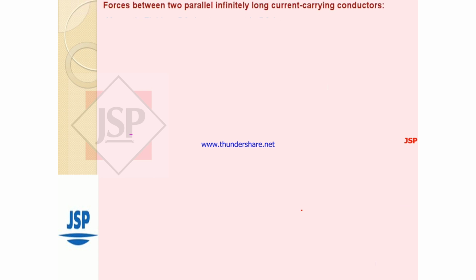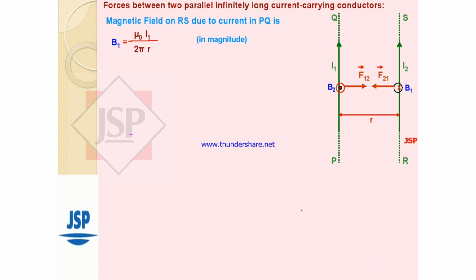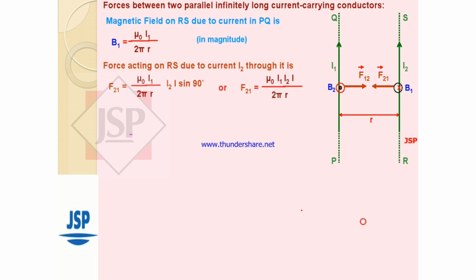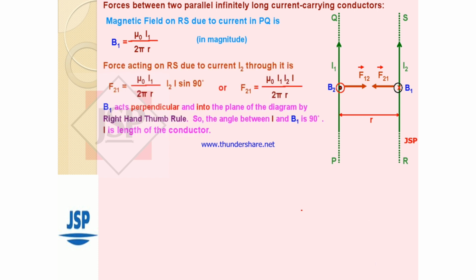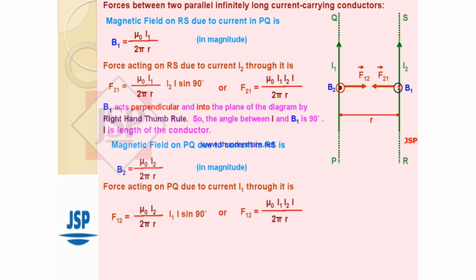Magnetic field on PQ due to the current in RS is B2 equal to mu naught I2 divided by 2 pi R. Force acting on PQ due to current I1 through it is F12 equal to mu naught I2 divided by 2 pi R times I1 L sin 90 degrees, or F12 equal to mu naught I1 I2 L divided by 2 pi R. The angle between I and B2 is 90 degrees and B2 is emerging out.